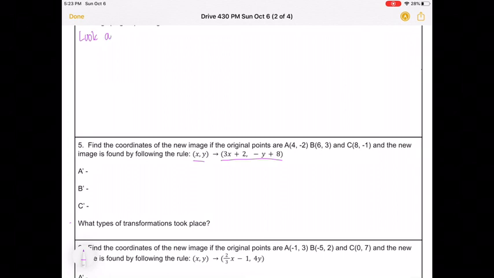So remember, this is the mapping rule. I'm going to write that down here in case you need. So look at the mapping rule to tell what transformations happened.